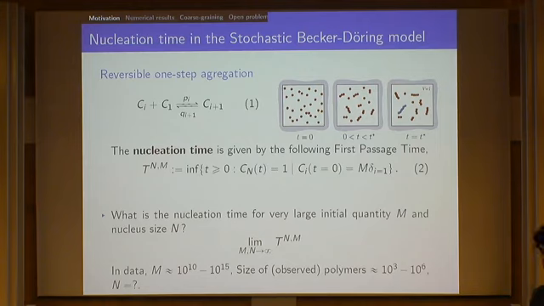What would be its variance over mean when I start with 10 to the 10 or 10 to the 15? I want to reach, and this is a huge debate, what is n in biology? What is the nucleus for the protein amyloid? Maybe in some cases we know the answer now, but at the time I started this job we had no idea.